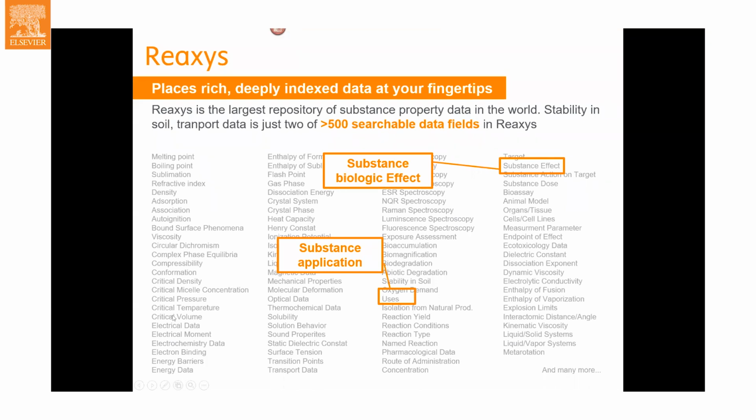It's magnetic properties, electrochemical properties. It's ecological information, like oxygen demand, stability in soil, biodegradation, bioaccumulation, exposure assessment. And also there is a lot of information, and I really like it because I haven't found any other database with this, about how this or that substance is used by humans.